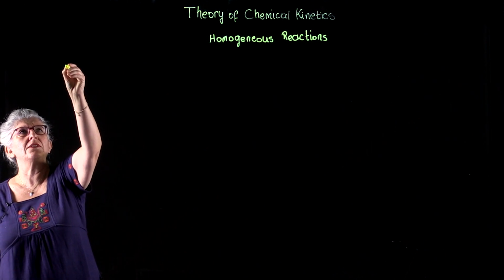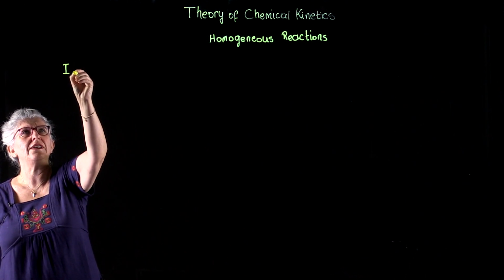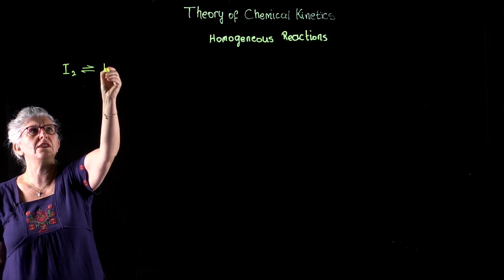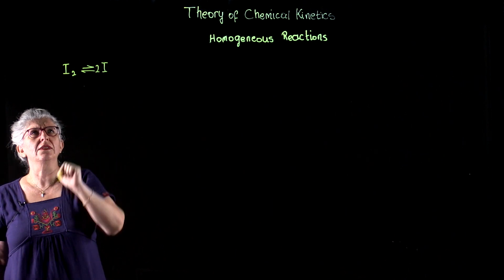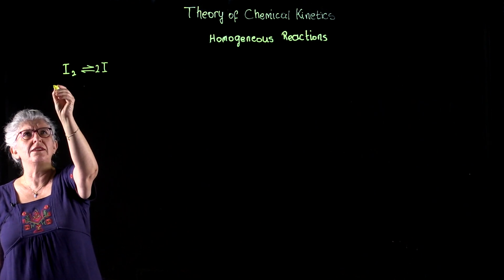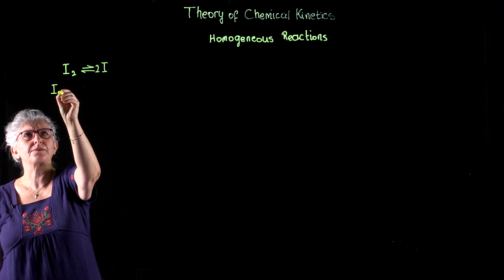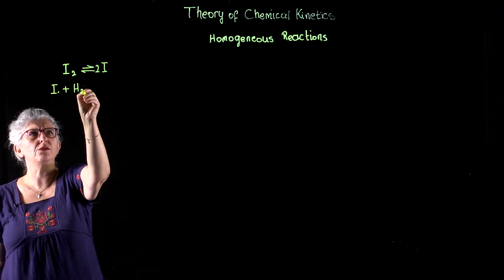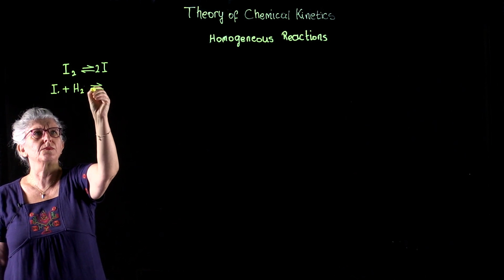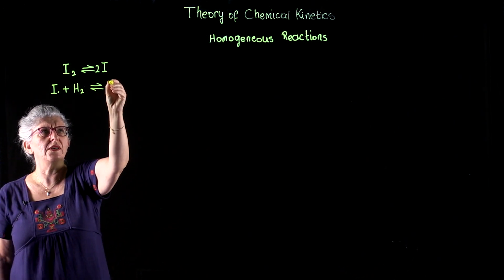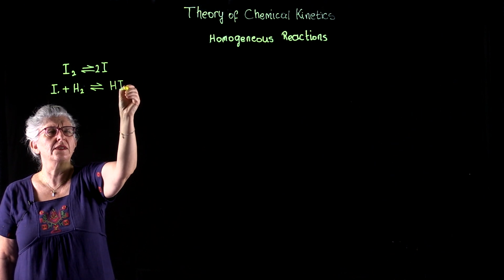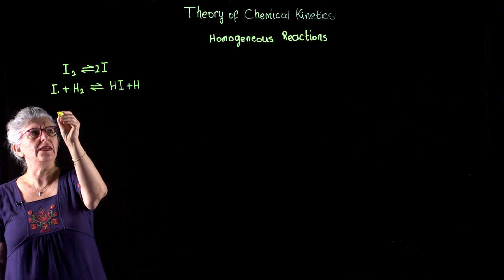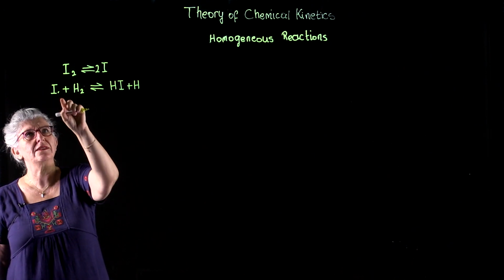We will start with the formation of iodide radical from the molecule, dissociation of iodide into its radicals, and then this radical, iodide radical, will react with hydrogen molecule to form one hydrogen iodide and one hydrogen atom, another radical, and a hydrogen atom, let's say.